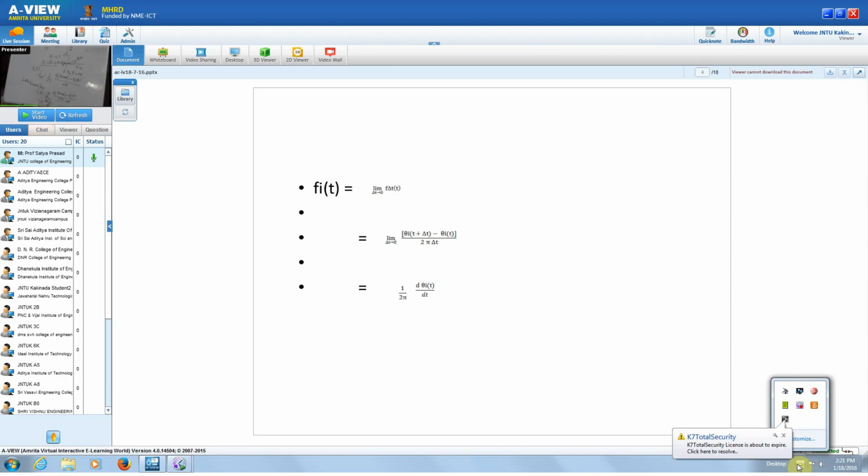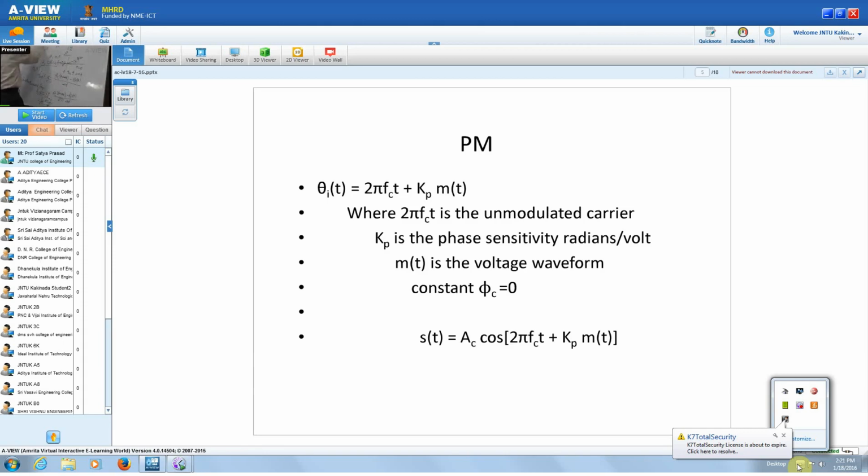So using this, we can represent theta i(t) in a different form.